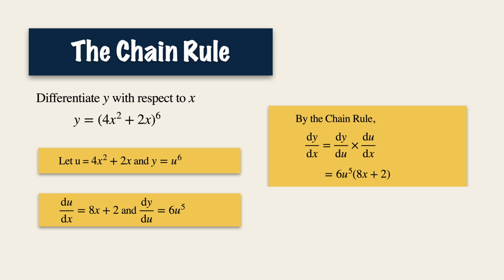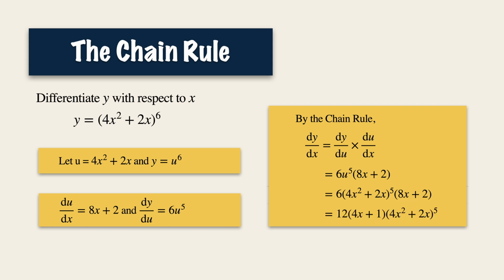Simplifying further, by substituting u as 4x squared plus 2x, we will then have 6 (4x squared plus 2x) to the power of 5, and (8x plus 2). Let's factorize 2 from 8x plus 2, and we will have 12(4x plus 1)(4x squared plus 2x) to the power of 5. So this is the answer when you differentiate y equals (4x squared plus 2x) to the power 6.